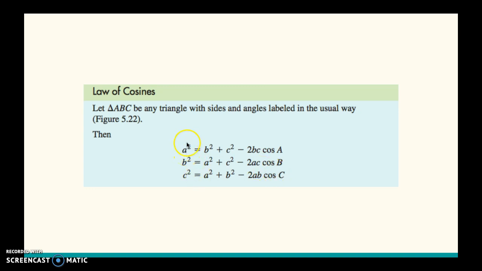You begin with the side you're looking for, at least when setting up the equation. So this would be your unknown. Then that side squared equals the sum of the other two sides squared, minus 2 times the other two sides multiplied together.